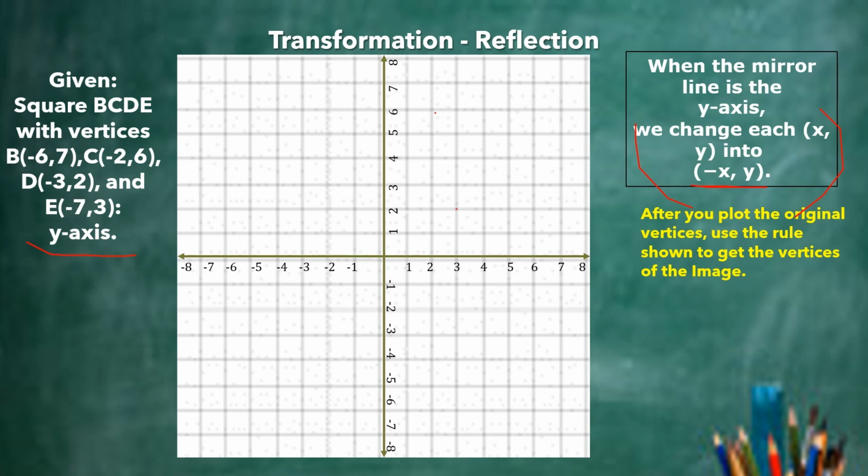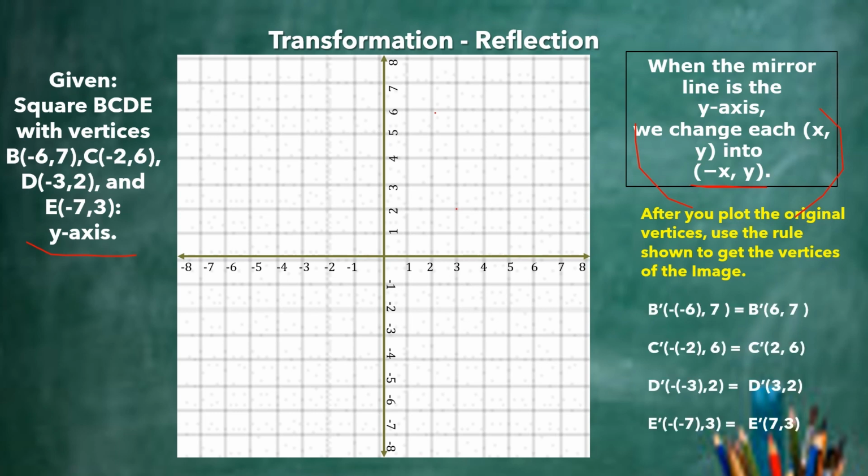So we're going to plot the original vertices, and we're going to use this rule to get the vertices of the image. The information they give us originally is called the pre-image, and then the new vertices will be used to form an image. These are going to be our new vertices, and I will show you how we develop those. But first, let's plot our points that they gave us originally over here.